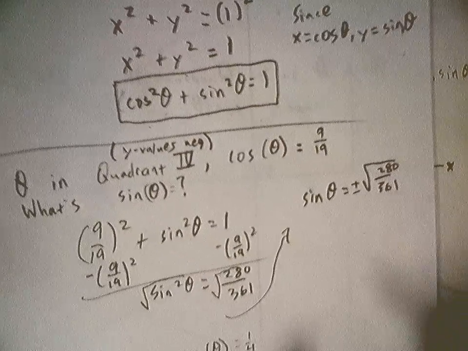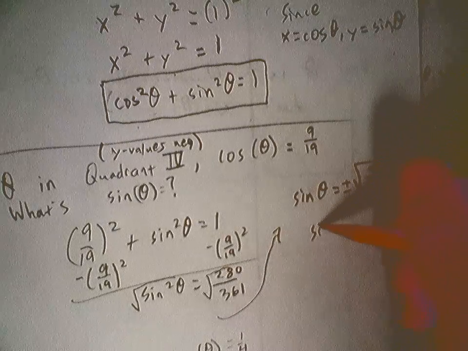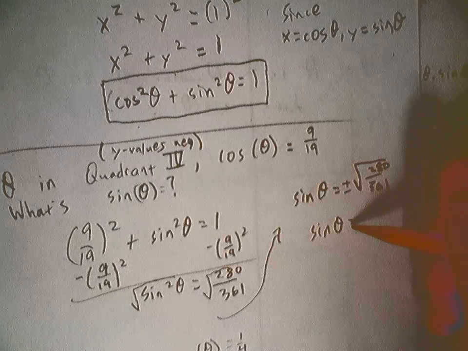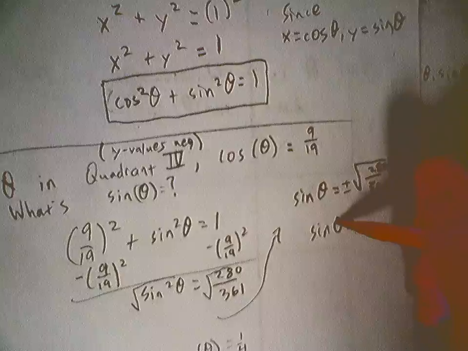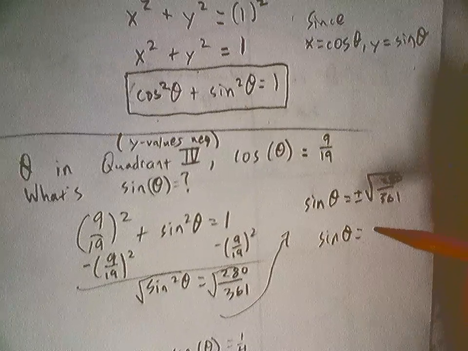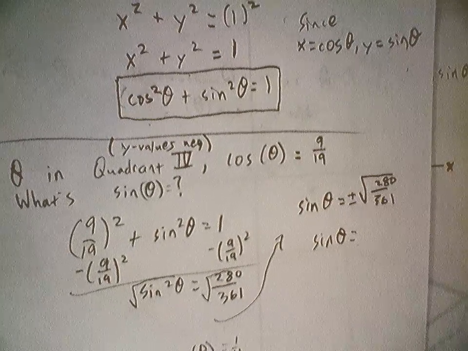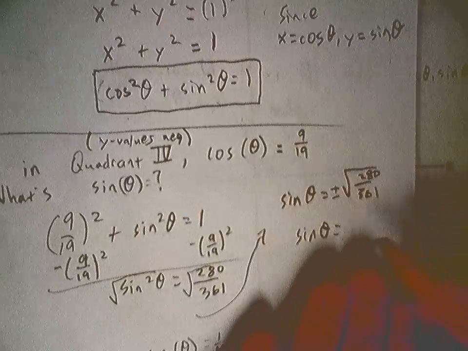Imagine any point in quadrant 4, the y value of that point is going to be negative. So remember, those y values match up with our sine values.